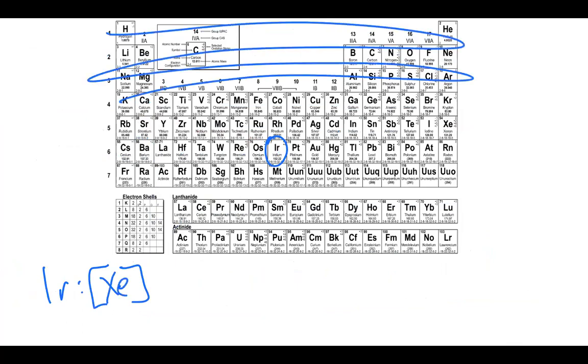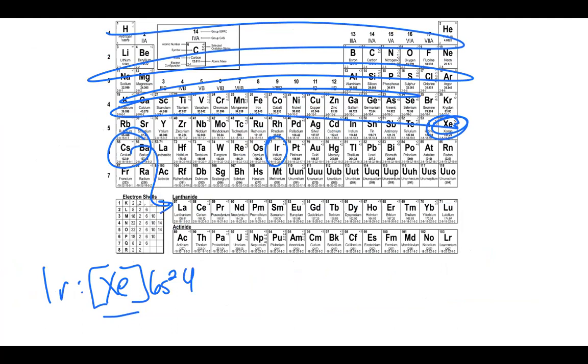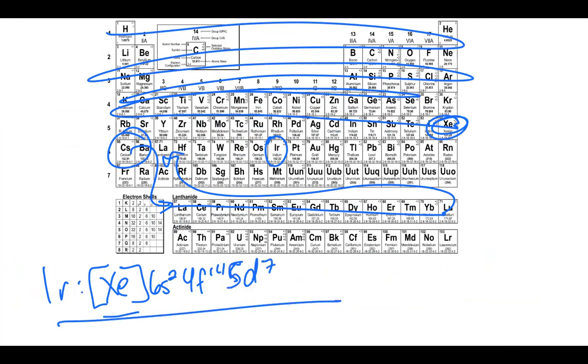So everything that comes before xenon is abbreviated with this symbol. And then I just specify the configuration that comes after Xe. So I do what comes next, 6s2, don't forget, come down here, 4f14, go through here, back up, and 5d7. That is called noble gas notation.